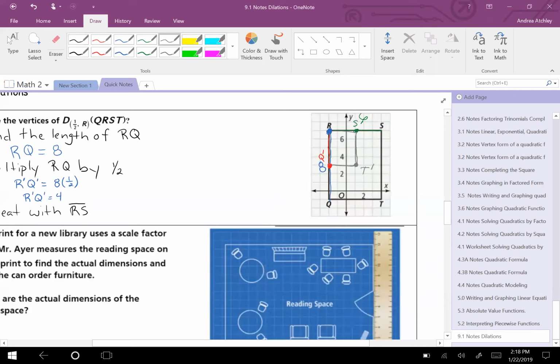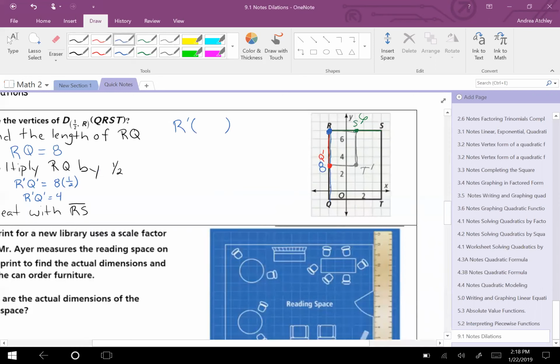Any questions over that? Okay, then it asks us to find the vertices. So we're just going to label all those vertices. R didn't change. When you are dilating about a point on the figure, that point doesn't change.